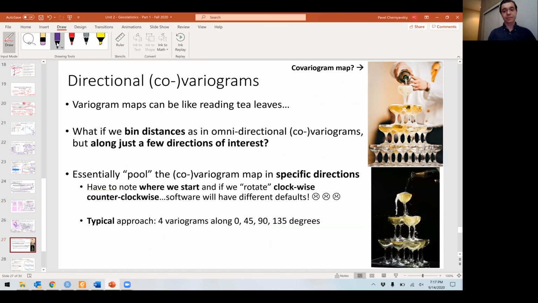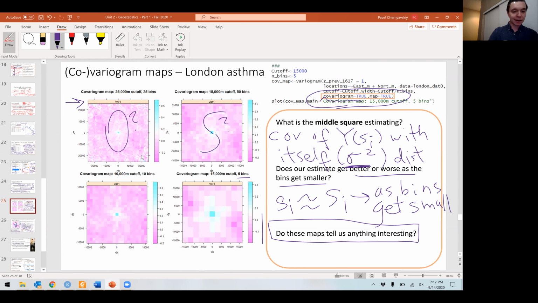Now, what can we do about it? What if we bin distances like we did for the omnidirectional variograms, the directionless variograms, but just along a few directions of interest? What if we don't care about every possible little direction?